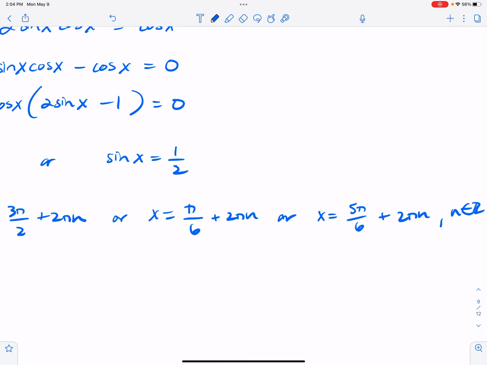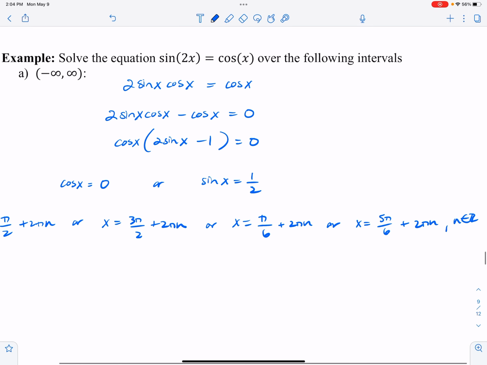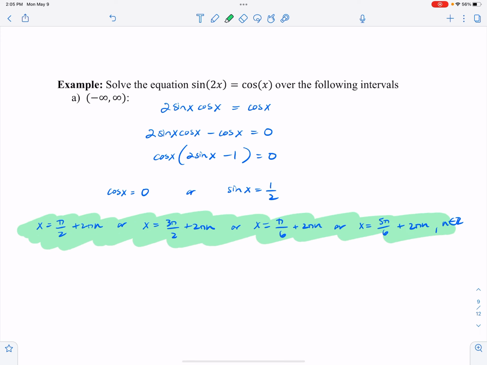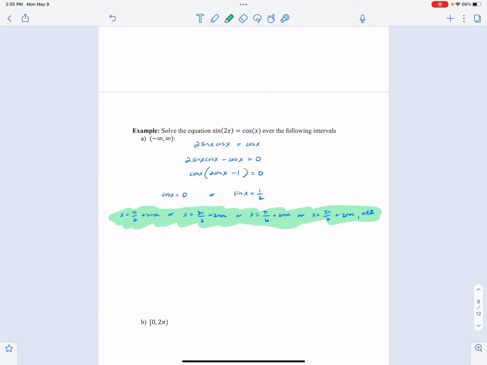We do not have to check for extraneous solutions in this equation because we didn't square both sides. We didn't apply any identities that had different domains. Like, we don't need to check for any solutions that don't make sense. So that would be our general solution set.